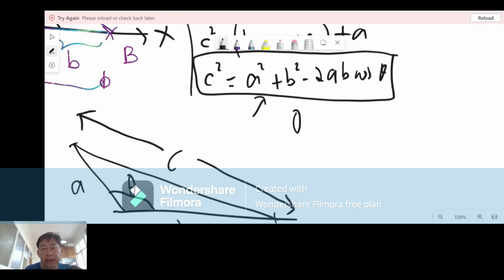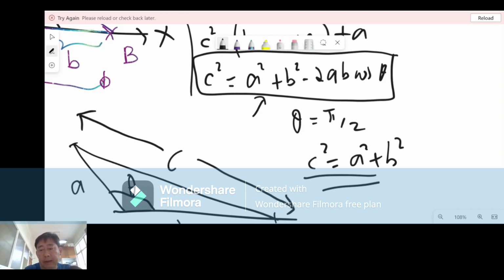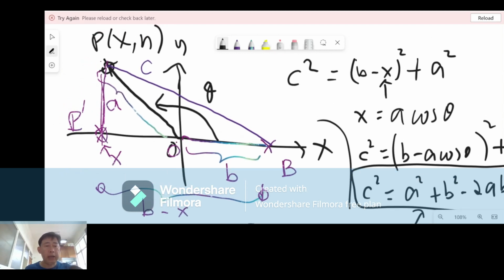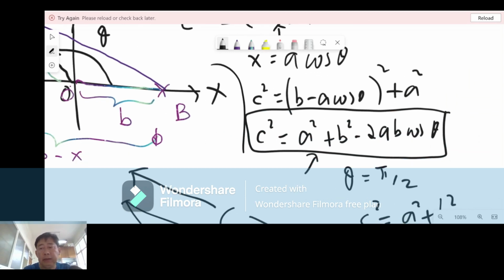In the special case where theta equals 90 degrees, you get back C squared equals A squared plus B squared, which is nothing but the Pythagoras theorem. So before I switch to the other slides, I just want to mention again that the law of cosine can be considered a generalization of the Pythagoras theorem.